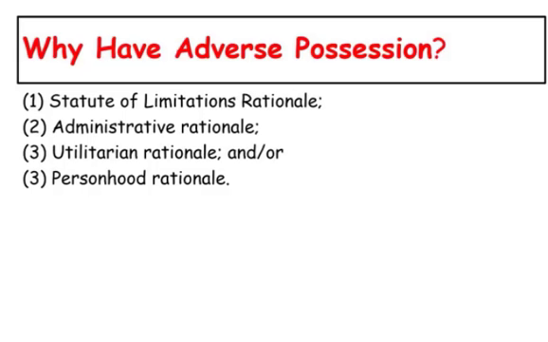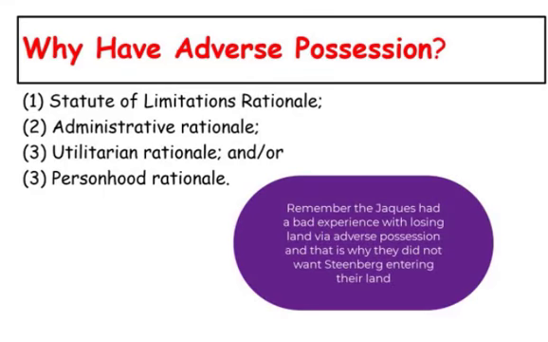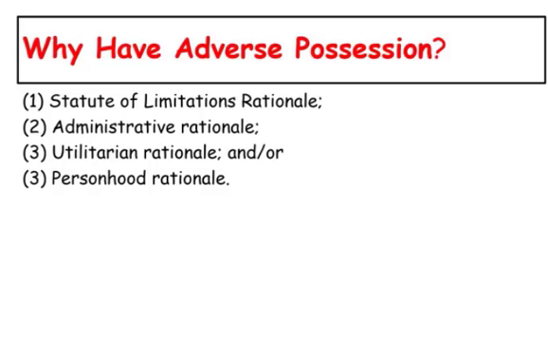So the adverse possessor enters as a trespasser, just like we were talking about in State v. Shack, and just like we were talking about in Jacques, right? The adverse possessor enters as a trespasser, but after the adverse possession period has ended, the original owner no longer has the right to eject them. At that point, the trespasser becomes the owner.